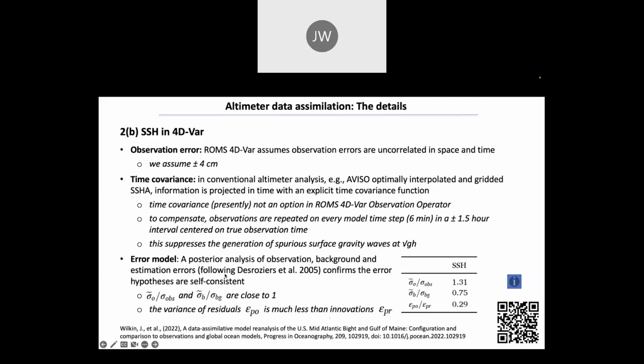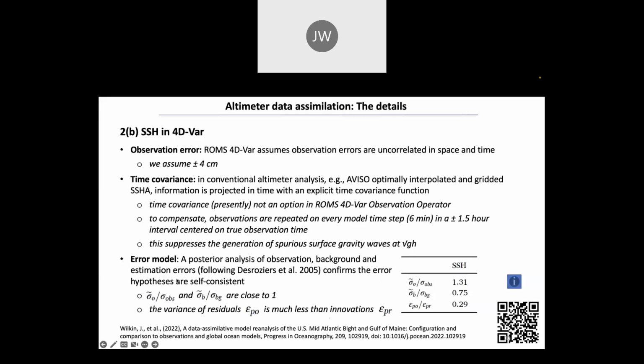We have checked the validity of our observation and background model error assumptions using the method of Desroziers, 2005. I won't go into details. I have extra slides here if people are interested in this time. But there are metrics where you can compare the observation error that you assume to the mismatch between the analysis and the original observations.